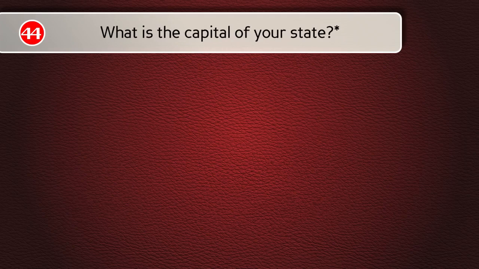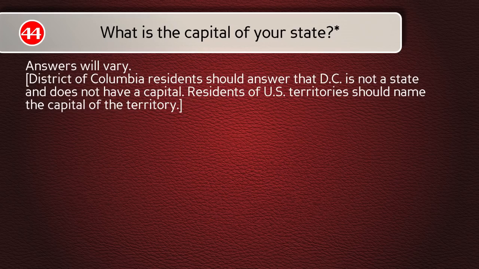Answers will vary. District of Columbia residents should answer that D.C. is not a state and does not have a capital. Residents of U.S. territories should name the capital of the territory.